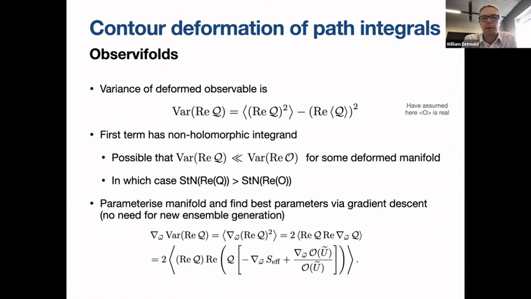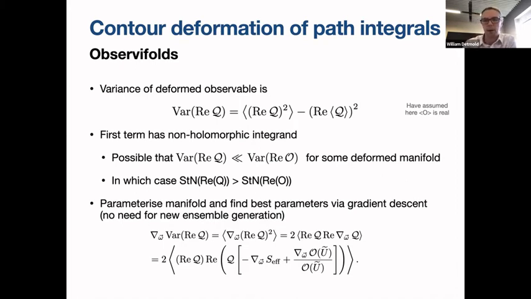And so this is something that you can go through, and you can see this is actually something that I can evaluate as an observable on the original set of field degrees of freedom. So if I have a sample of an ensemble of fields that I've generated, I can do this optimization of my manifold using that original sample. I don't need to be regenerating fields.